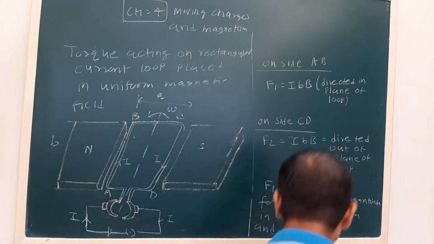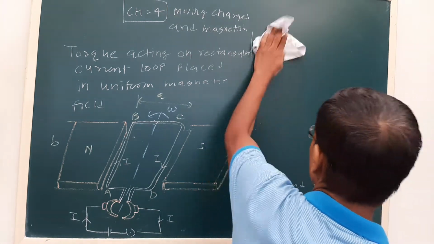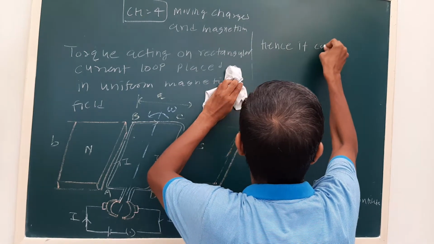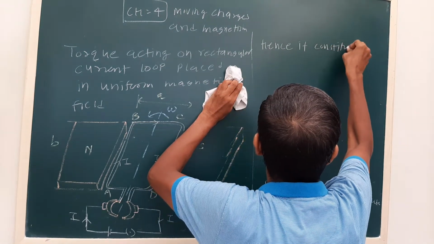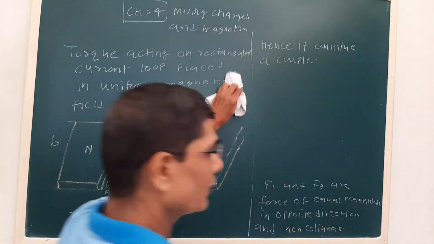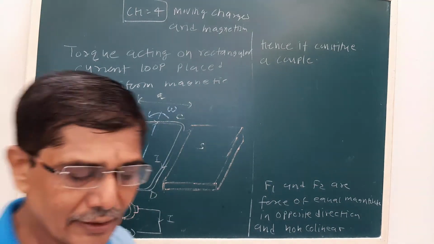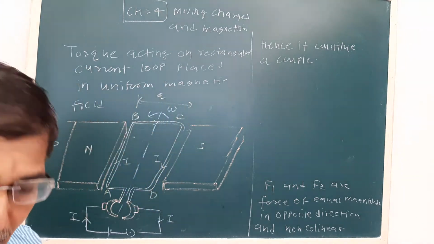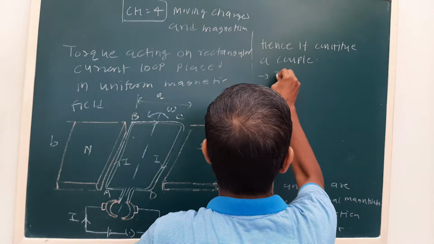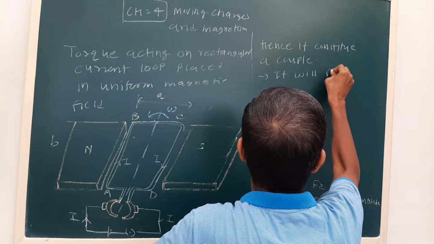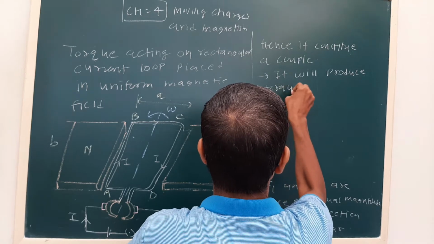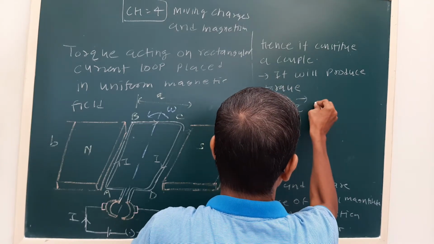Hence they form a couple. Earlier in rotational motion we have seen that a couple produces a torque.